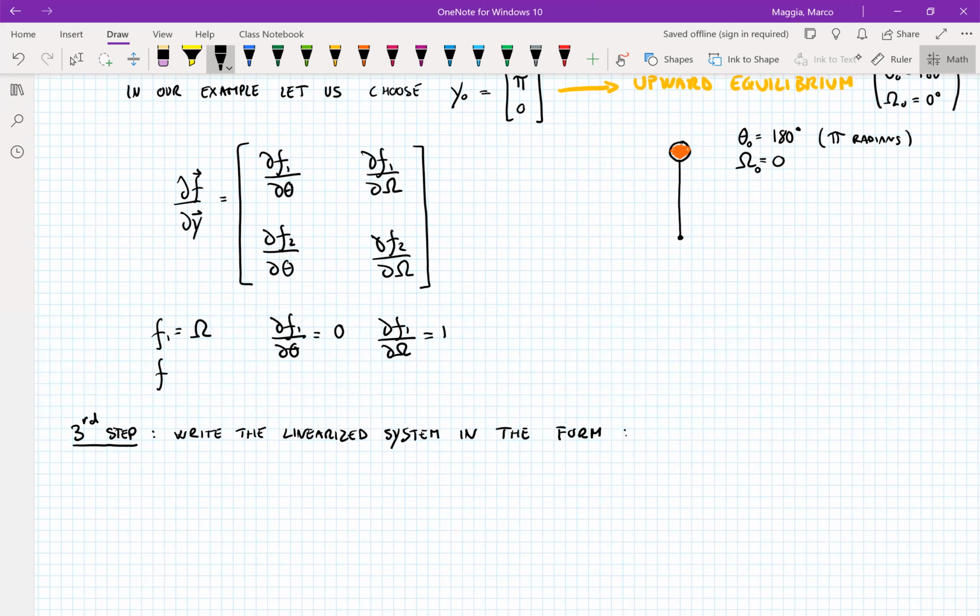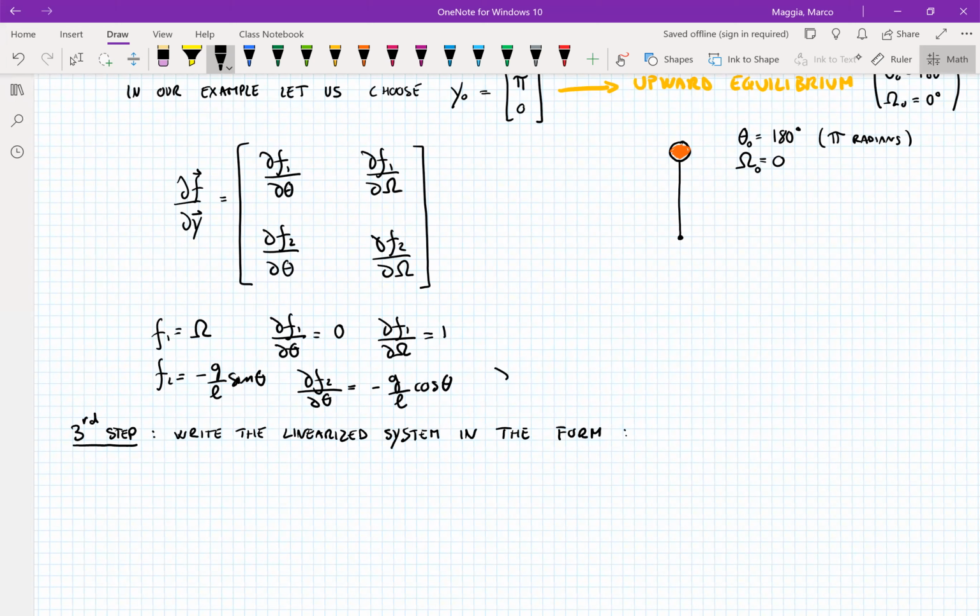What about f2? f2 is minus g over L sine of theta. So df2/d theta is equal to minus g over L times cosine of theta.